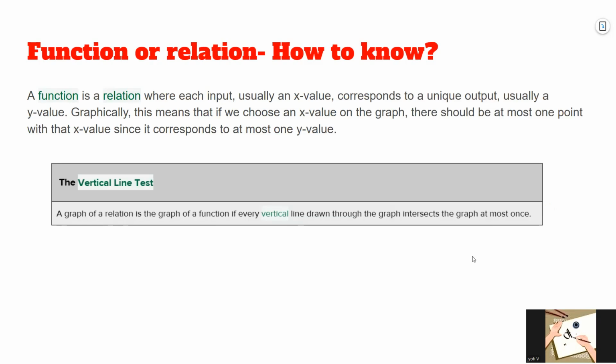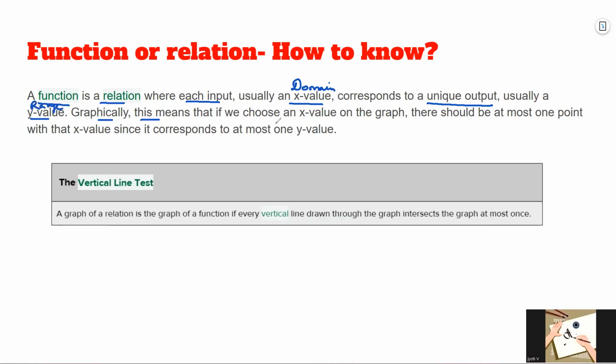A quick recapitulation of the discussion. A function is a relation where each input, usually an x value, corresponds to a unique output, usually the value of y. Inputs are actually domain set elements. Outputs are actually range set elements.